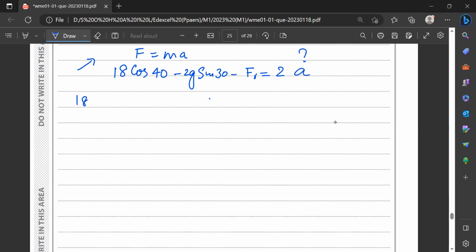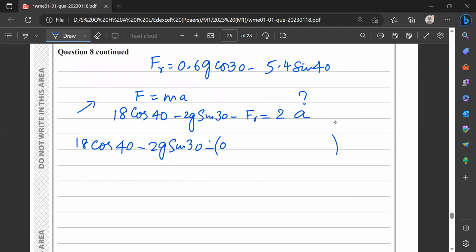So 18 cos of 40 minus 2g sine of 30 minus friction, which we have just calculated, 0.6 g cos of 30 minus 5.4 sine of 40, equals 2 into A. Let us calculate this: 18 cos of 40 minus 2 multiplied by 9.8, the value of g, into sine of 30, minus 0.6 multiplied by 9.8 into cos of 30, plus 5.4 into sine of 40.